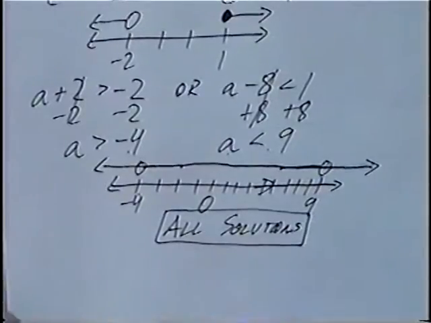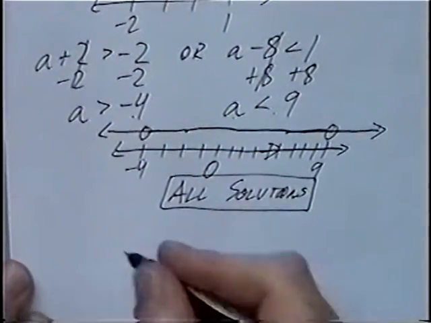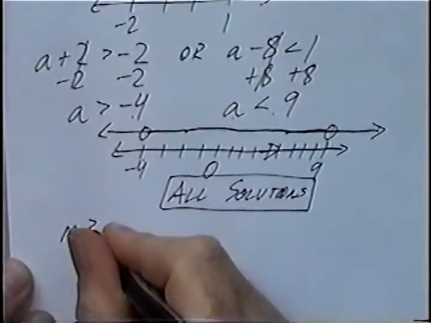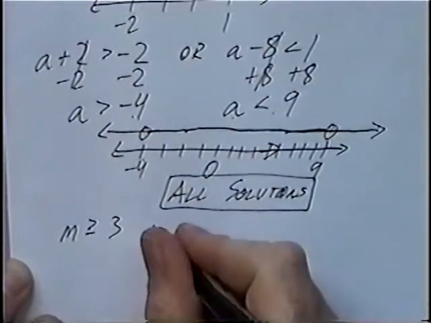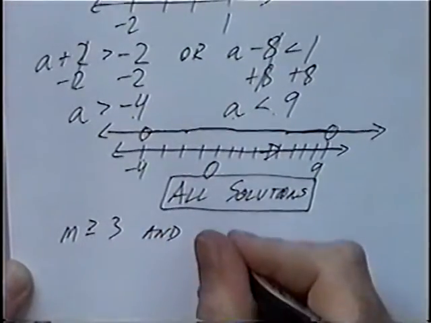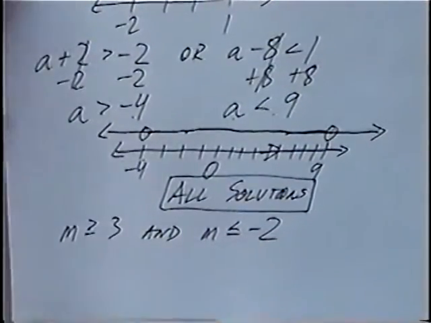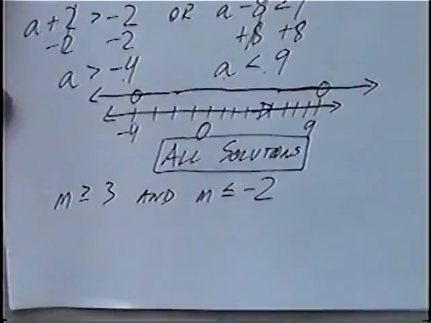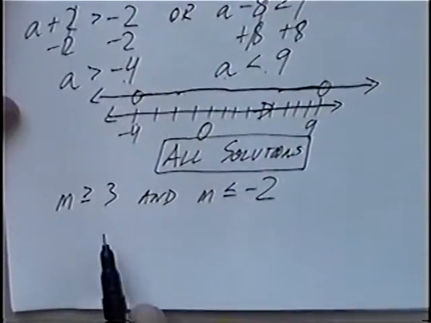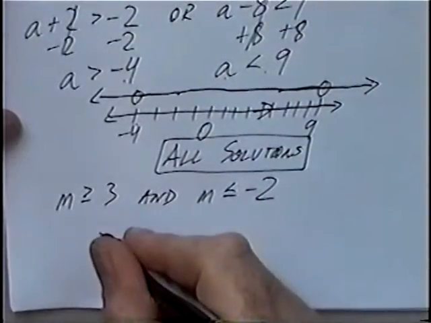And last question for the section is m is greater than or equal to 3 and m is less than or equal to negative 2. Again, these are both solved already, so we can graph right at the beginning.